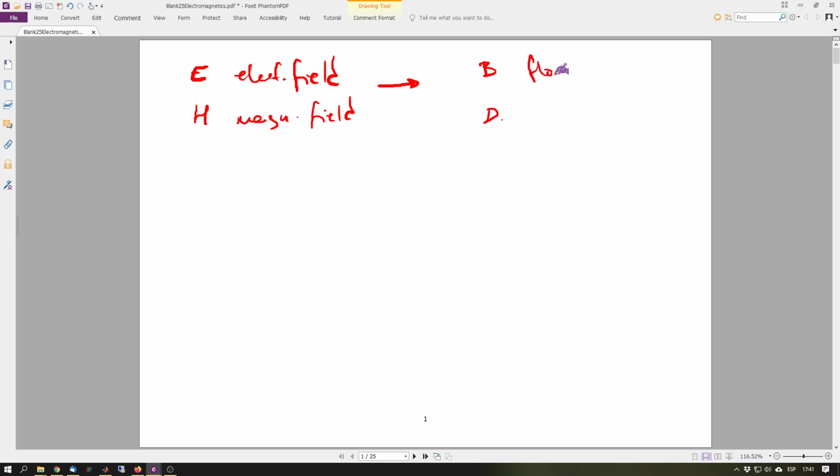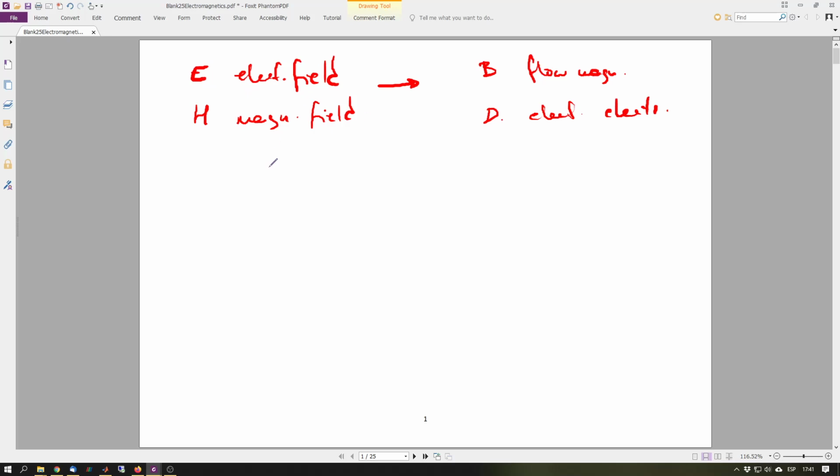So both electric and magnetic fields are coupled. This is the first thing to note.